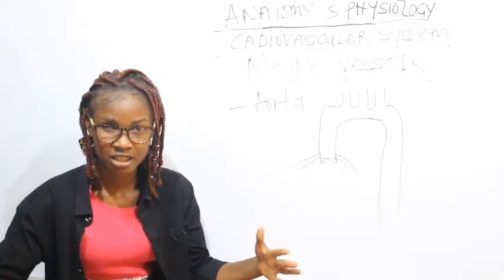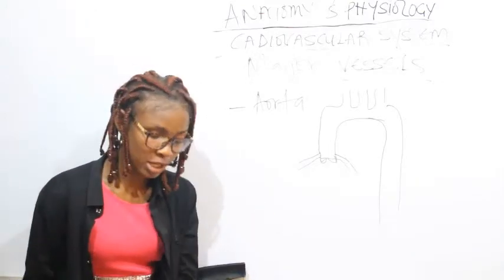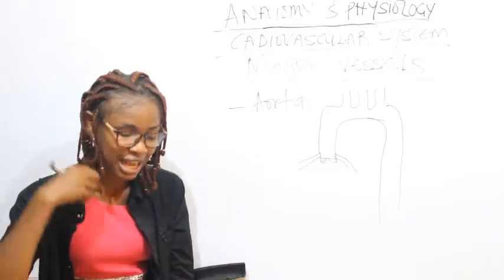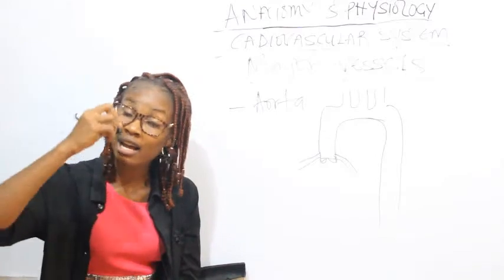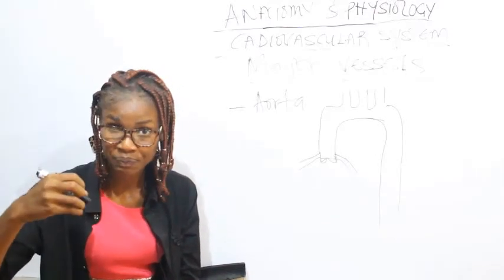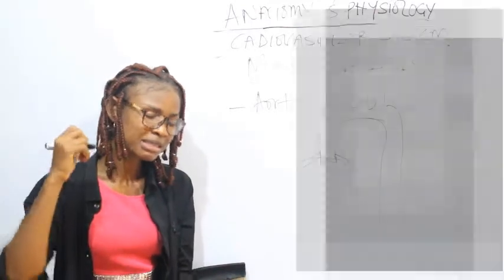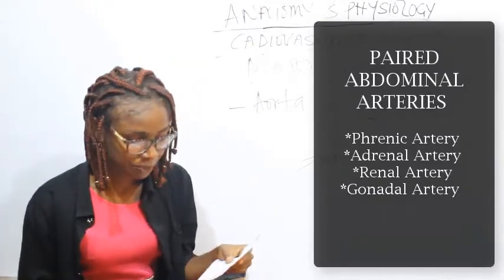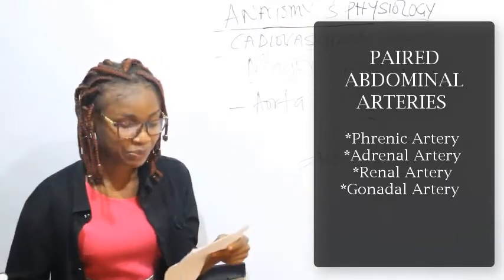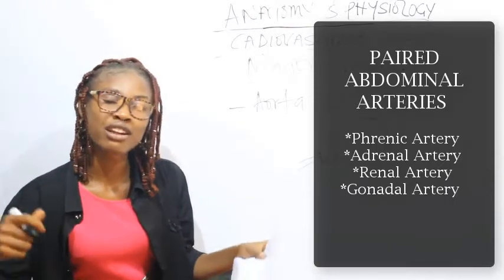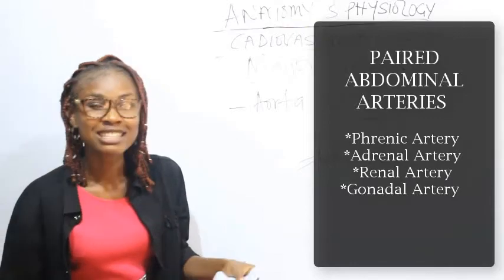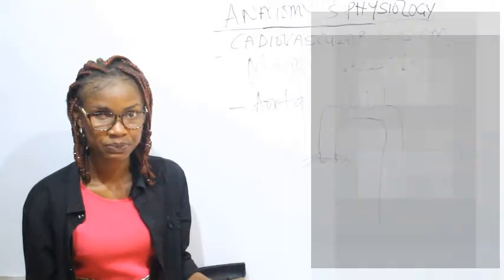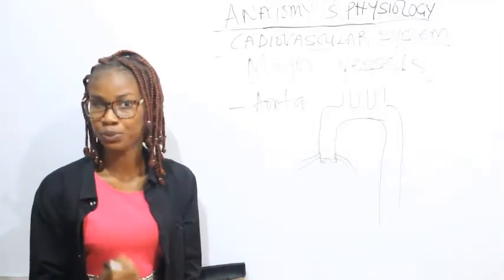That's paired. You get it? So now, let's talk about the paired arteries in the abdominal cavity, that's the abdominal aorta. The paired include phrenic arteries, adrenal artery, which can also be called the suprarenal artery, the renal artery, and the gonadal artery.